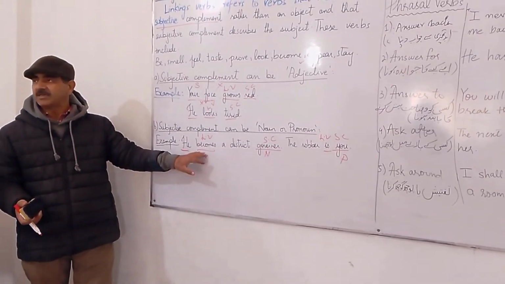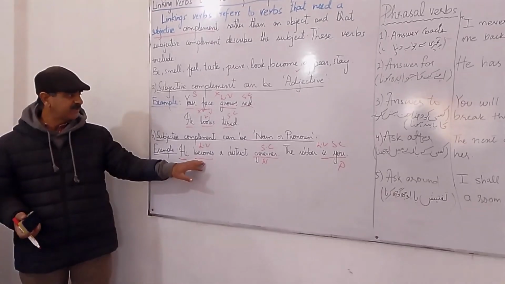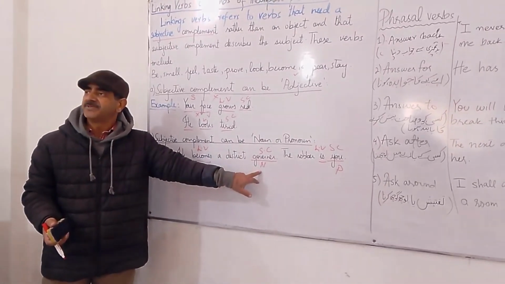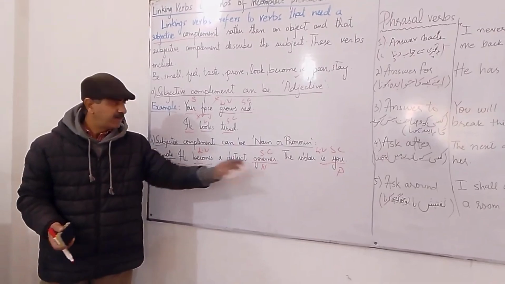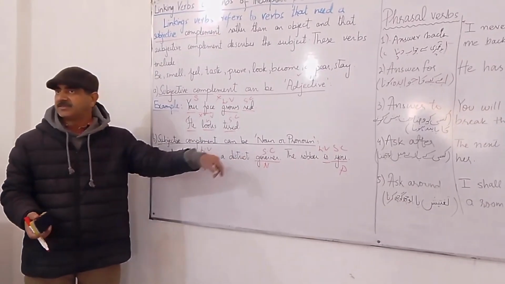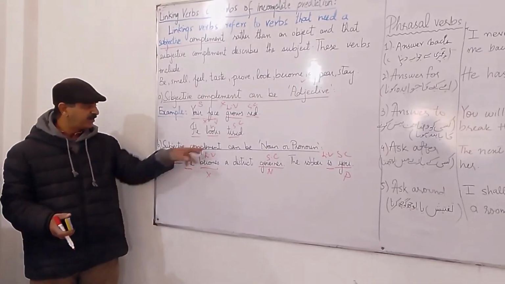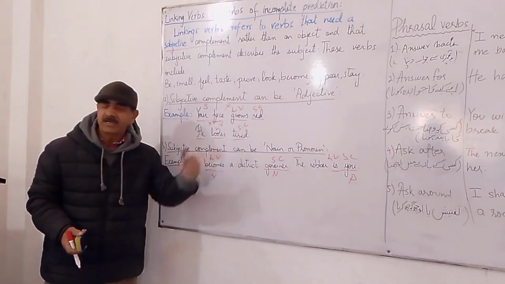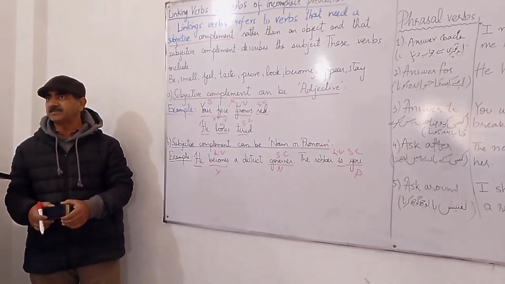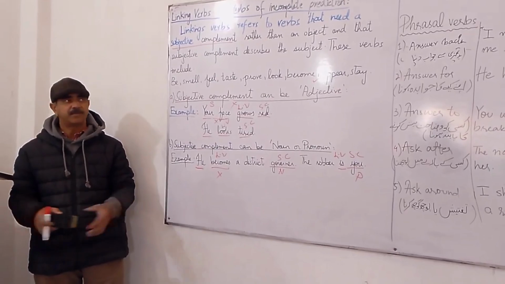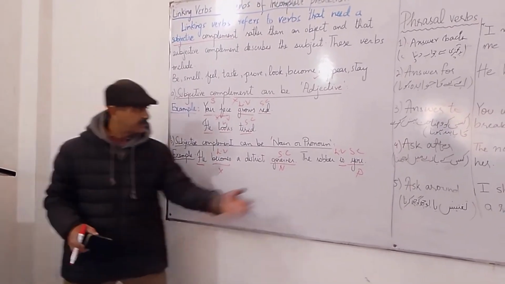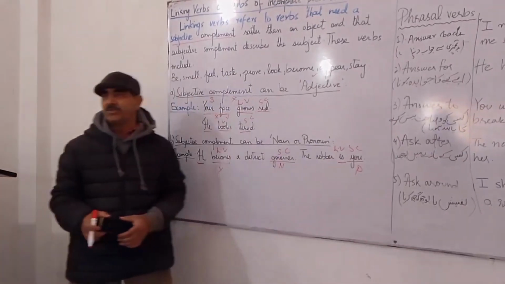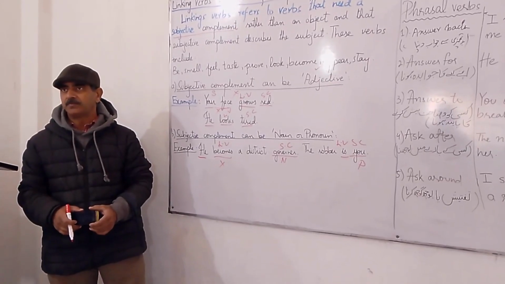So this becomes his linking verb because it is referring to the subjective complement. And if we cross it out, he a district governor, does it make any sense? Doesn't.